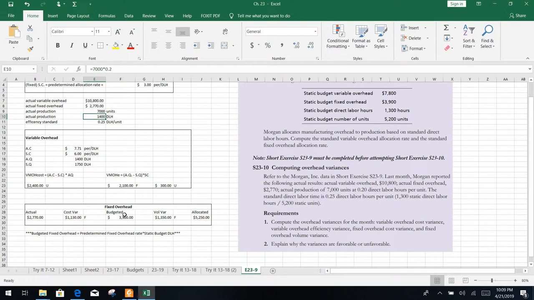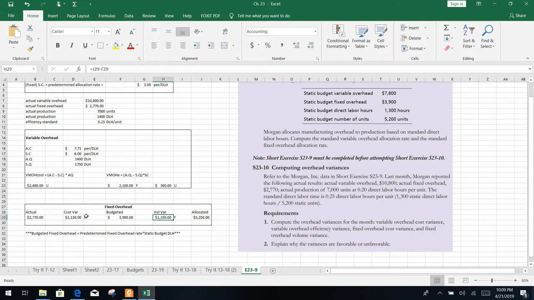The reason why it was very tricky is because in order to get a cost variance, you have to compare actual and budgeted. In order to get a volume variance, you have to compare budgeted and allocated. In this particular problem, the budgeted was the one you had to figure out. So if you don't know the budgeted, you won't be able to get this, and you won't be able to get this.